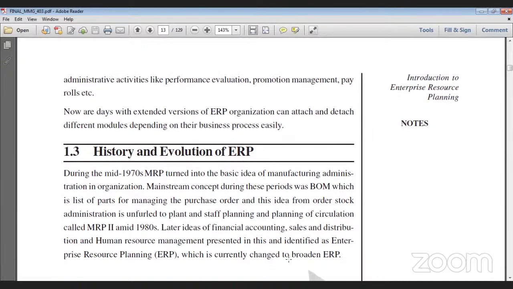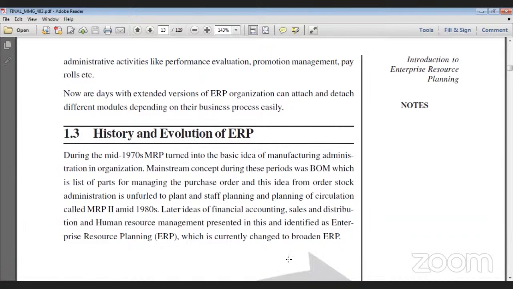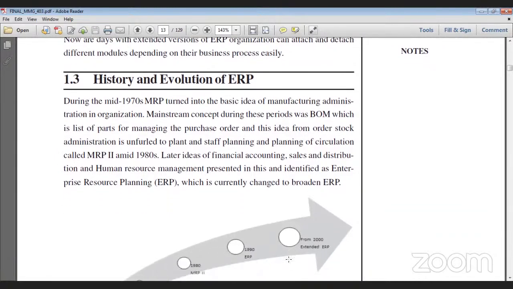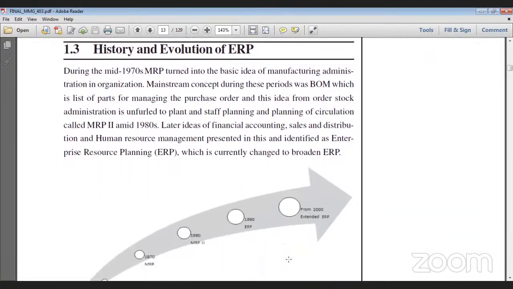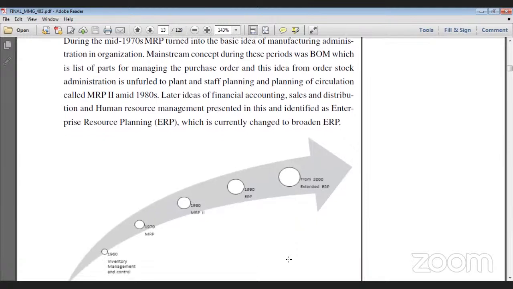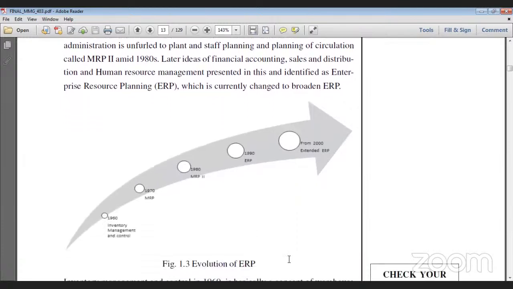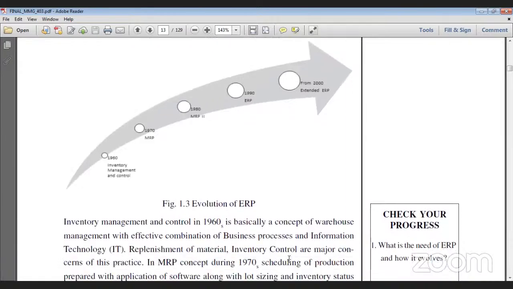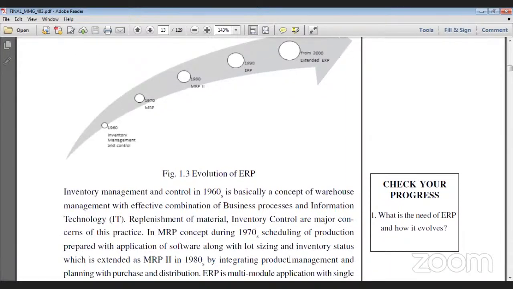Then resource planning, which is now changed into ERP. Here is figure number 1.3, evolution of ERP. You will find that inventory management and control in 1960 was basically a concept of warehouse management.